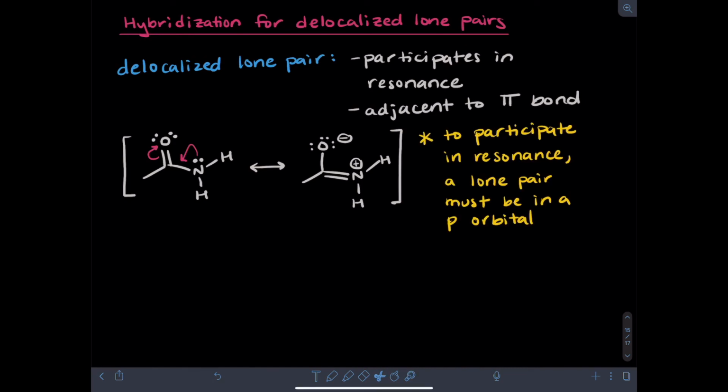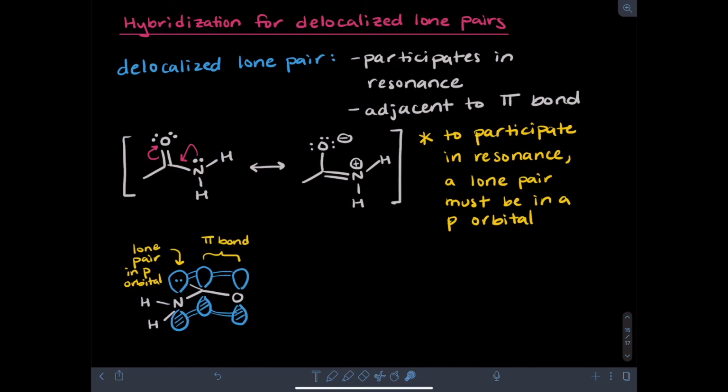So the critical thing is that for a lone pair to participate in resonance, it needs to be in an unhybridized p orbital. So you would initially look at this nitrogen and think it has 4 electron groups around it, 2 bonds to hydrogens, a bond to carbon, and a lone pair, and you would initially think that it should be sp3 hybridized.